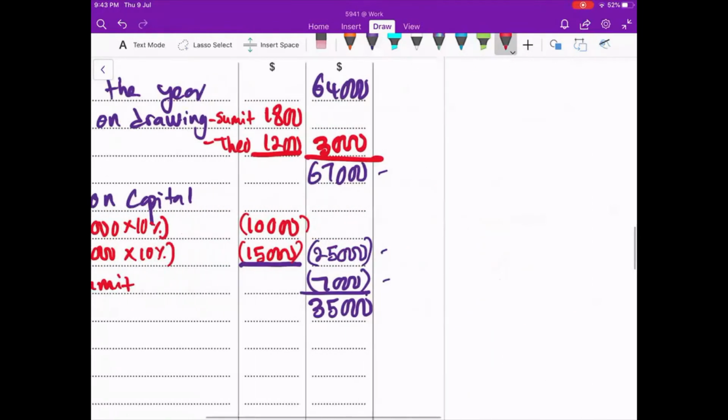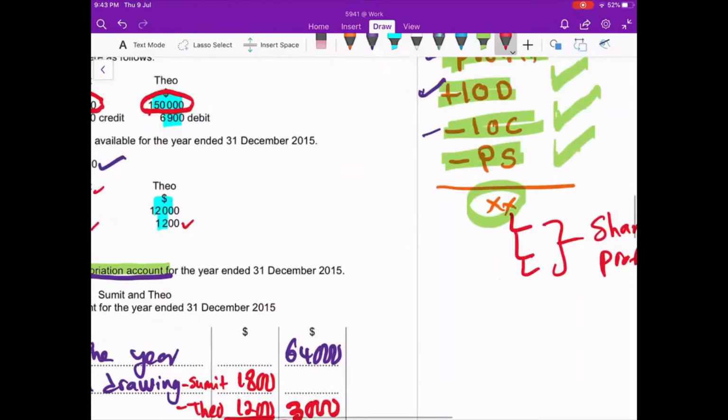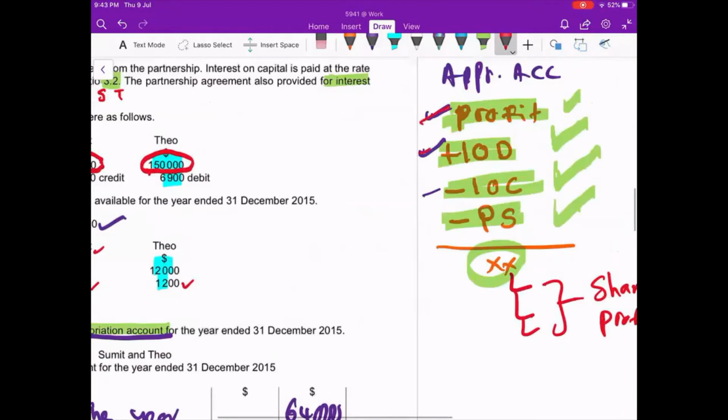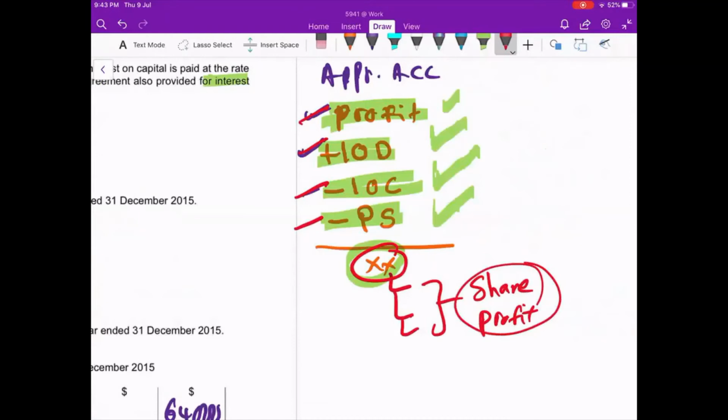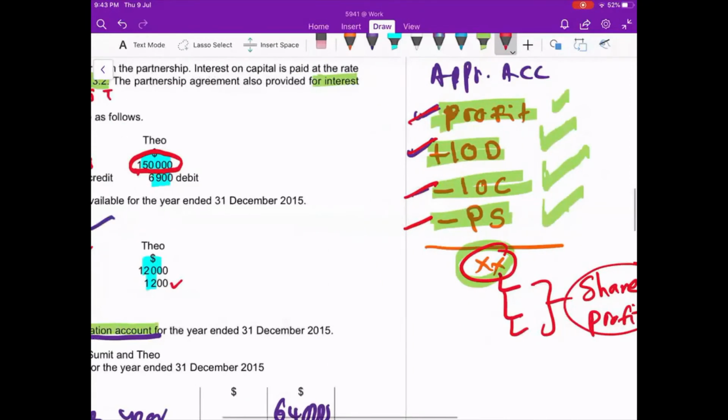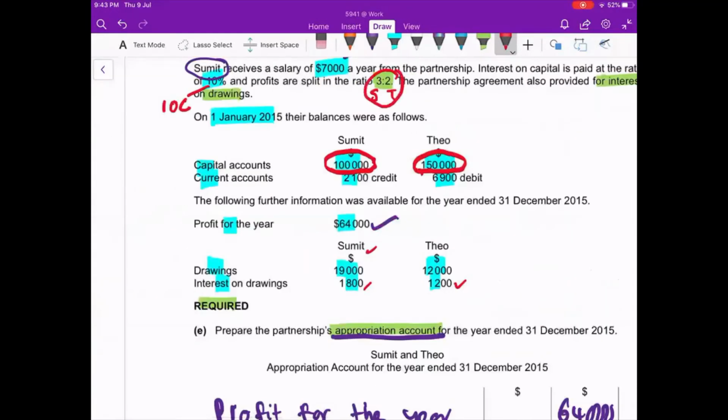I go back to my format just now. I take the profit plus with IOD minus IOC minus partner salary. I'll get a residual profit. I take this residual profit, I will share among the partners. What is the profit sharing? Your profit sharing will be 3, 2. 3, the first number for the first guy, which is Sumit. The second number for the second guy, which is Theo.